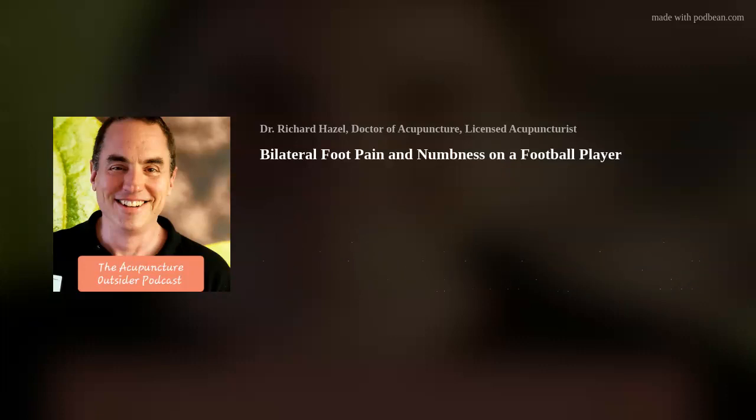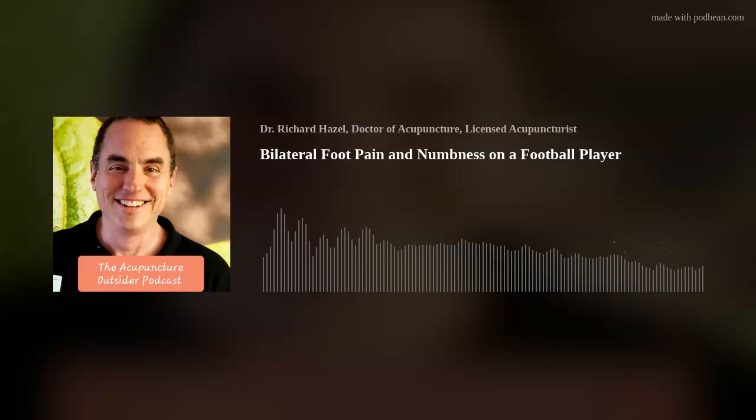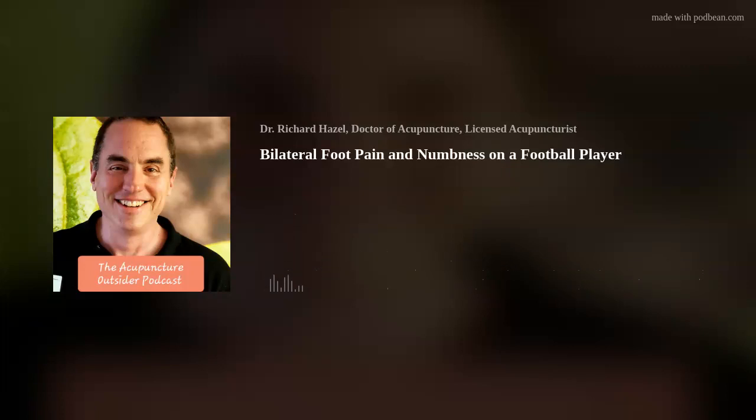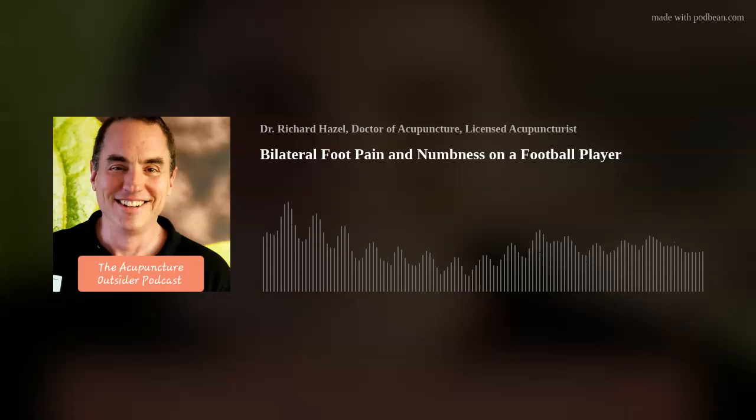And then the entrapment muscles for the plantar nerves, the tibial nerve.